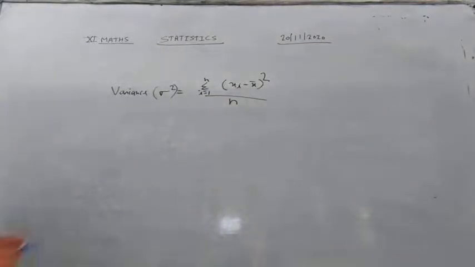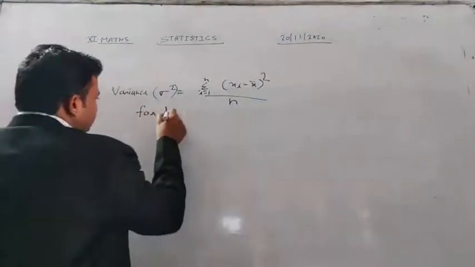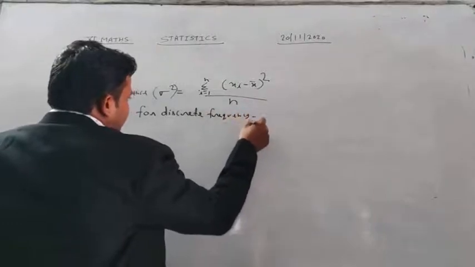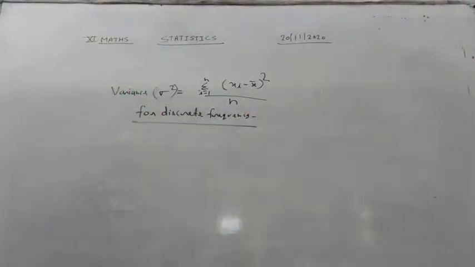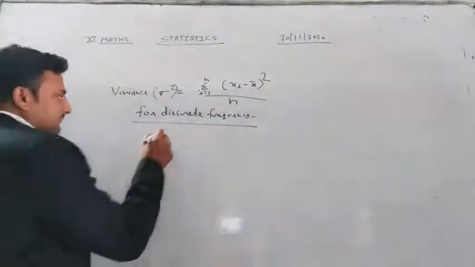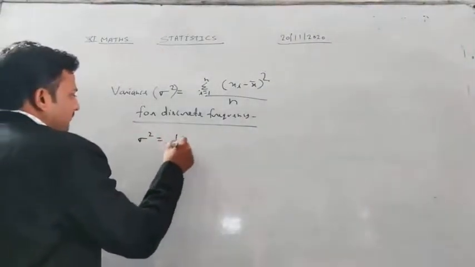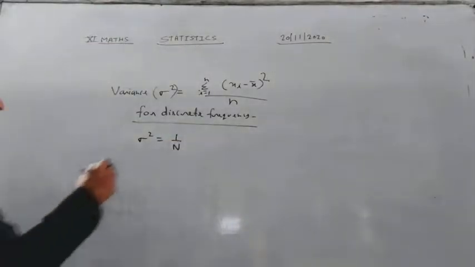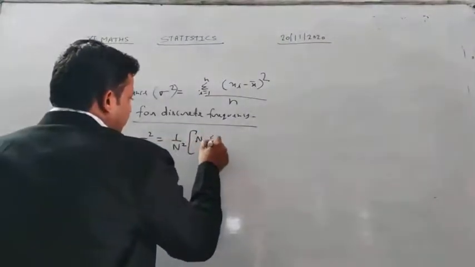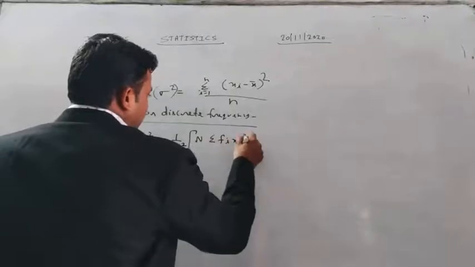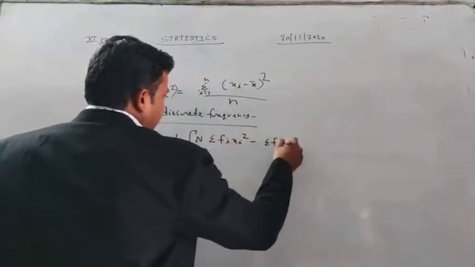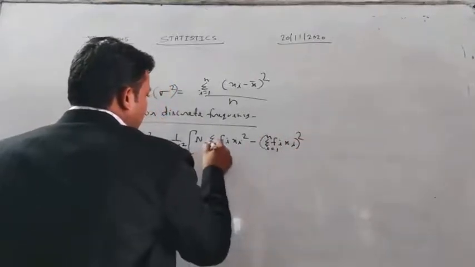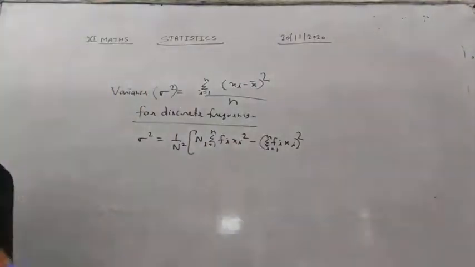Now for discrete frequency, the formula of variance will be sigma square is equal to 1 by n square, under bracket n summation fi xi square minus (summation fi xi) whole square, where i is equal to 1 to n.